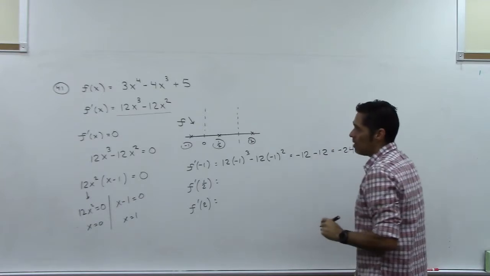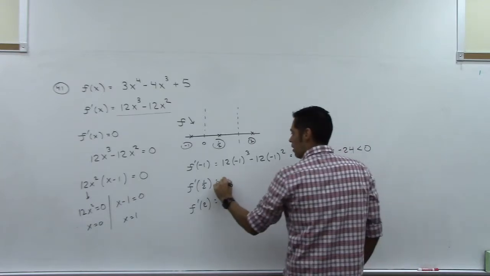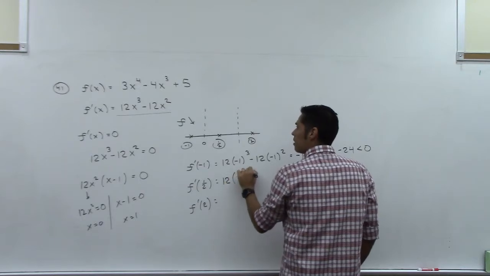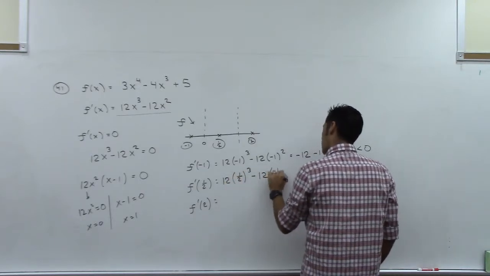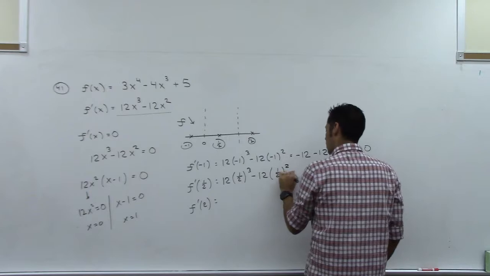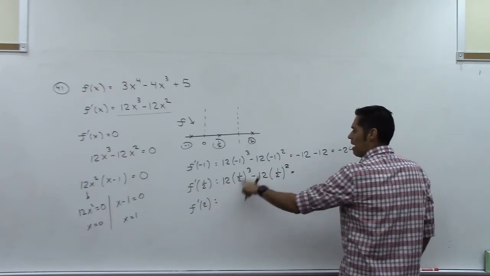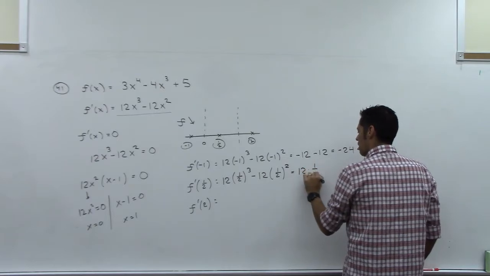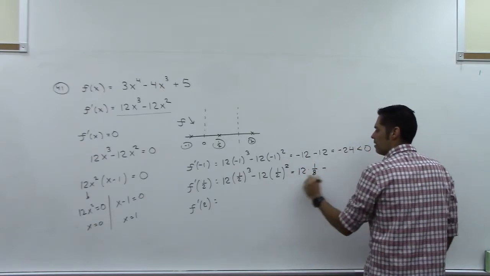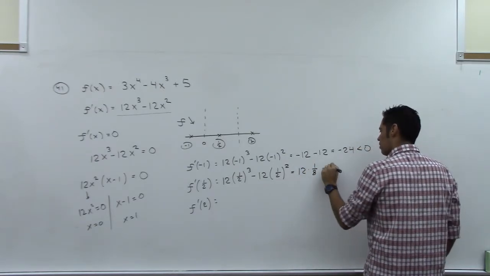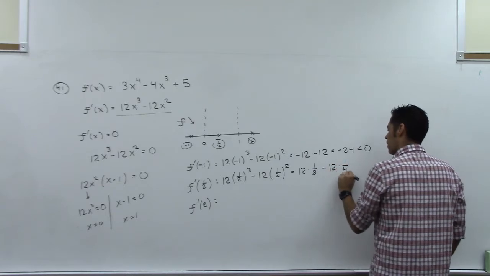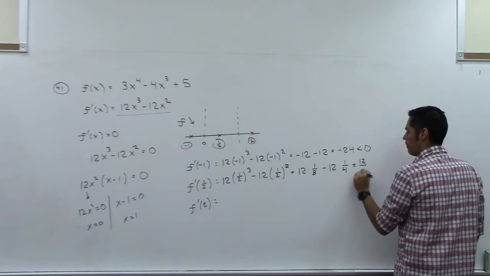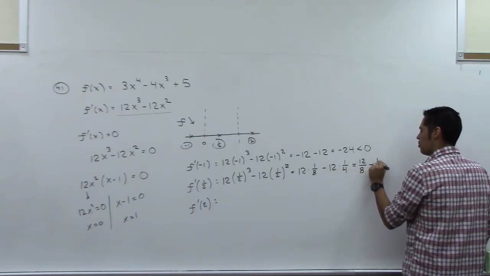Now let's plug in 1/2. 1/2 is going to be a little harder. 12 times 1/2 cubed minus 12 times 1/2 squared. So when I cube 1/2, that's 1/2 times 1/2 times 1/2. That's 1/8. And then 1/2 squared is 1/4, so 12 times 1/4. This is the same as 12 over 8, and this is the same as 12 over 4.